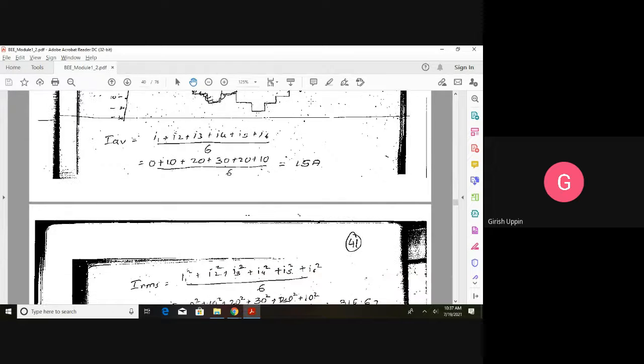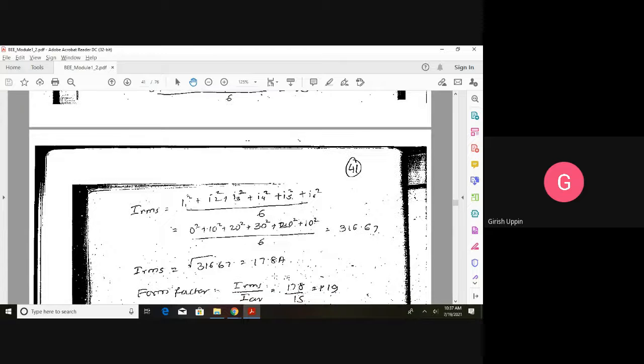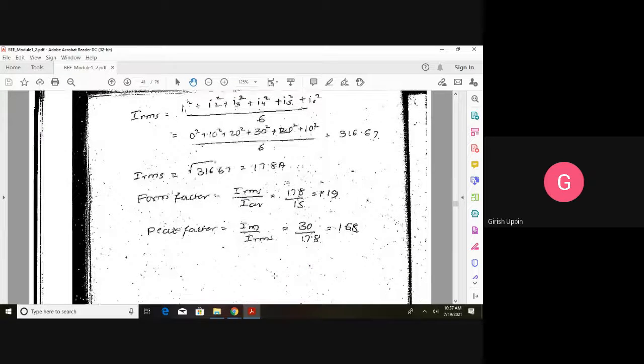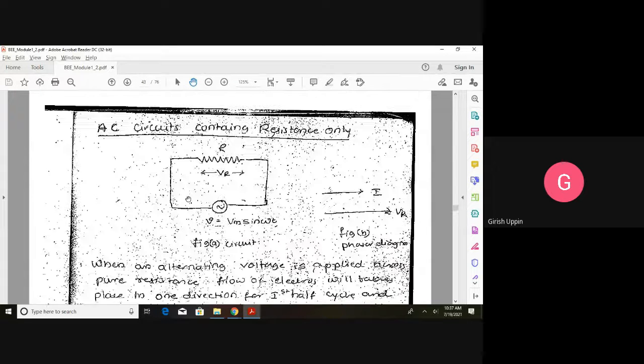Similarly, IRMS is the square root of the sum of the squares of all the samples divided by the number of samples, and we get 17.8 amperes. Once you know the RMS value and average value, you can find the form factor and the peak factor. That completes the AC fundamentals.